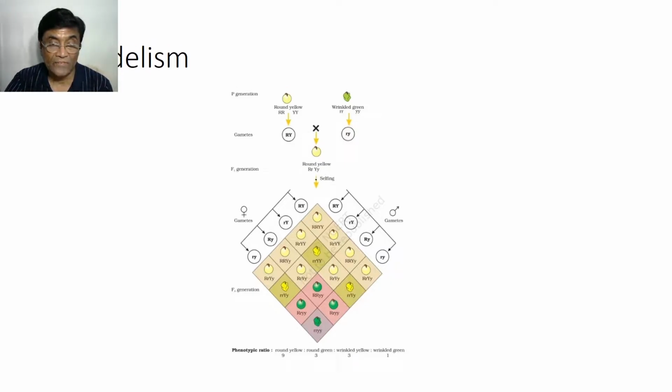Then self-pollinating them, these are called gametes. Okay, so this can translate to this kind of gametes, right? Capital R, capital Y, then small r, small y, then small r, capital Y, and capital R, small y.